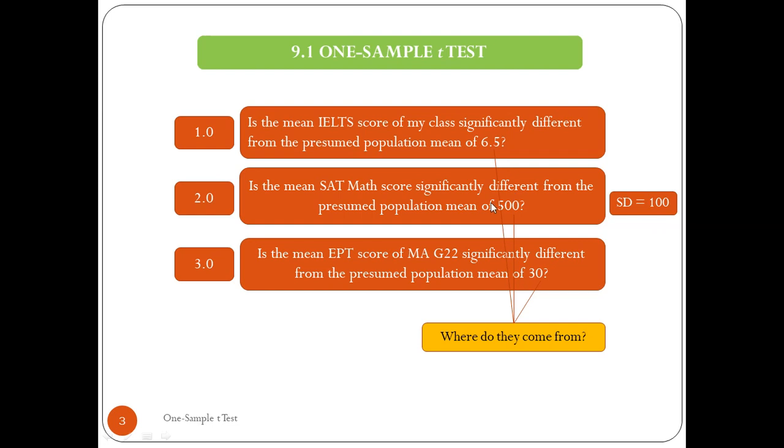So it becomes standardized, like a fact or principle or theory in the population, and this is basically the same. So again, in this slide number 3, we talk about the kinds of research questions that a one sample t-test is designed to analyze.